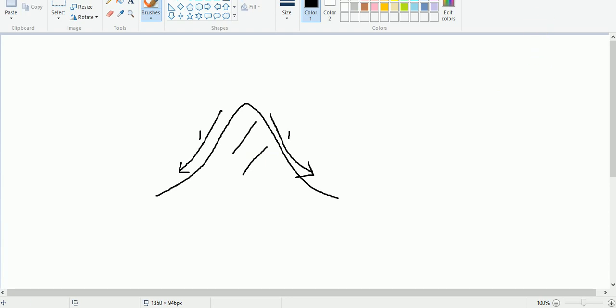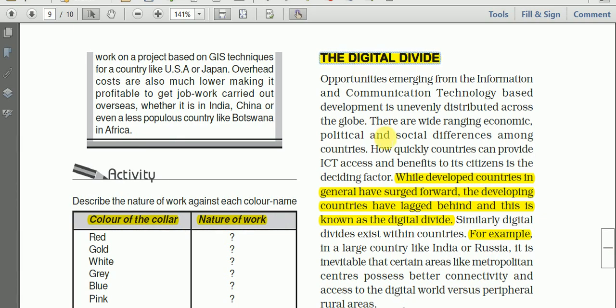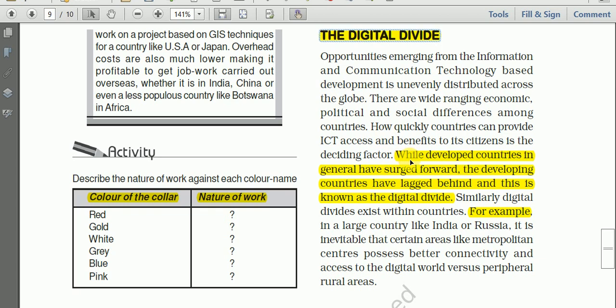Now let us come to the digital divide. What does it mean? Let us read this line. While developed countries in general have surged forward, developing countries have lagged behind, and this is known as the digital divide.